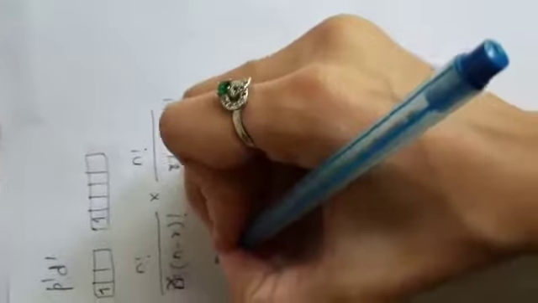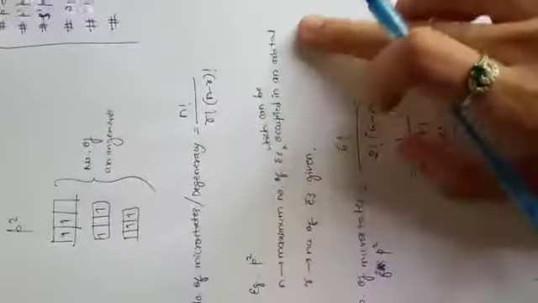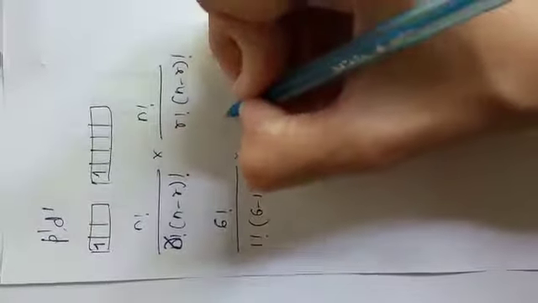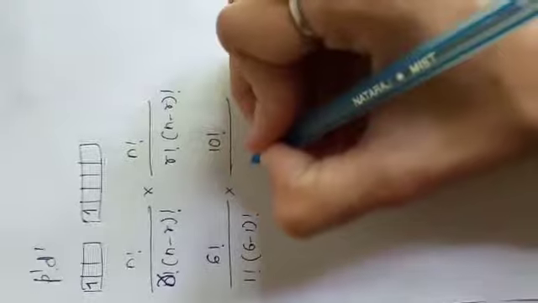Here n means the maximum number of electrons which can be occupied in an orbital. For the p orbital it is 6 factorial divided by 1 factorial into 6 minus 1 factorial, where r is 1 electron. The maximum number of electrons in the d orbital is 10, so 10 factorial divided by 1 factorial into 10 minus 1 factorial.